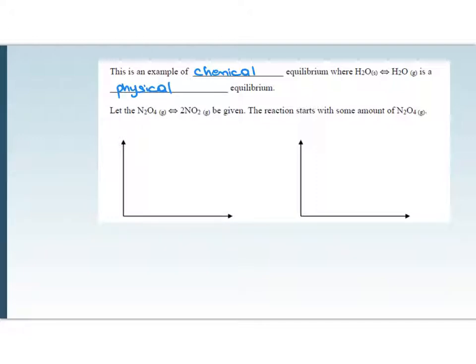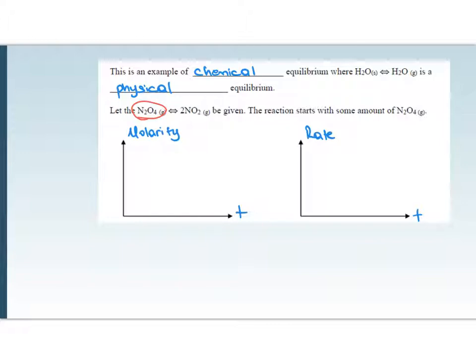So what can be their graphs in terms of their molarities and their rates? Let's say that this is the molarity graph, and you have time here. This is the rate graph. Again, you have time here. Now, when you start the reaction with nitrogen tetroxide, this means that initially the forward reaction is really fast.